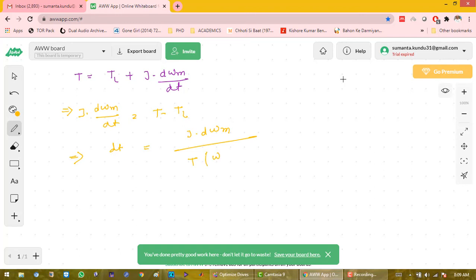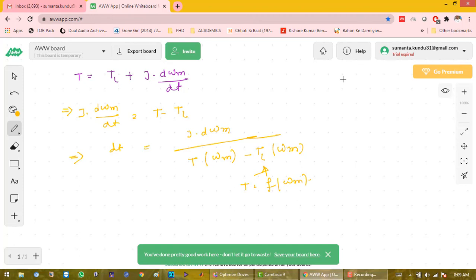We take it as a function of speed omega m, so this is T of omega m minus TL of omega m. Motor and load torque are functions of drive speed omega m.